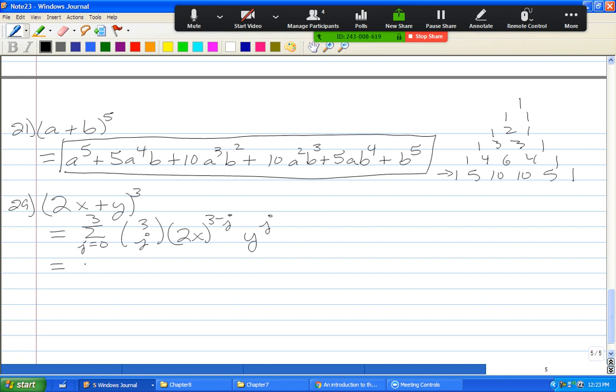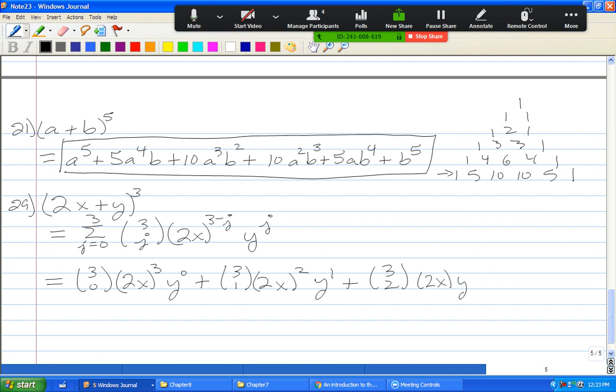Okay, so this is equal to 3 choose 0, (2x) to the 3, y to the 0, plus 3 choose 1, (2x) to the 2, y to the 1, plus 3 choose 2, (2x) to the 1, y to the 2, plus 3 choose 3, (2x) to the 0, y to the 3.